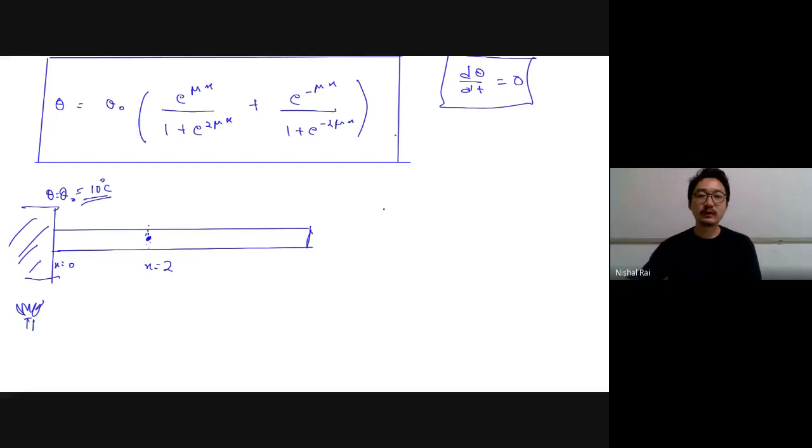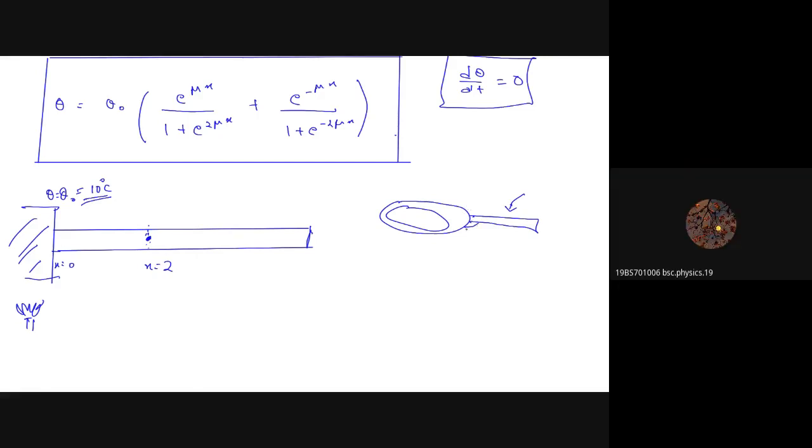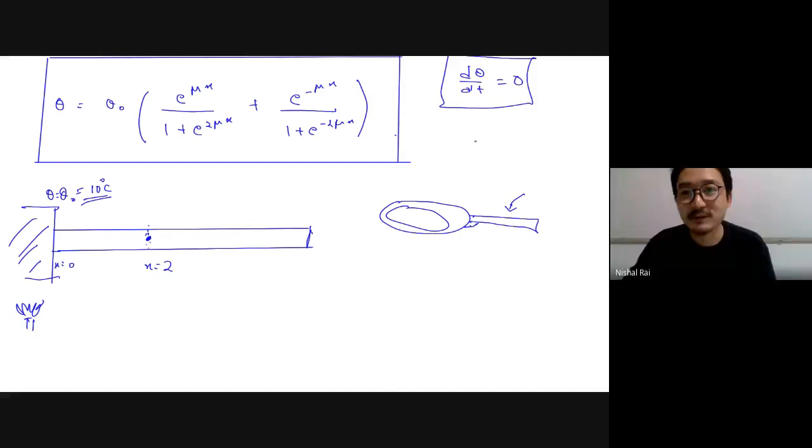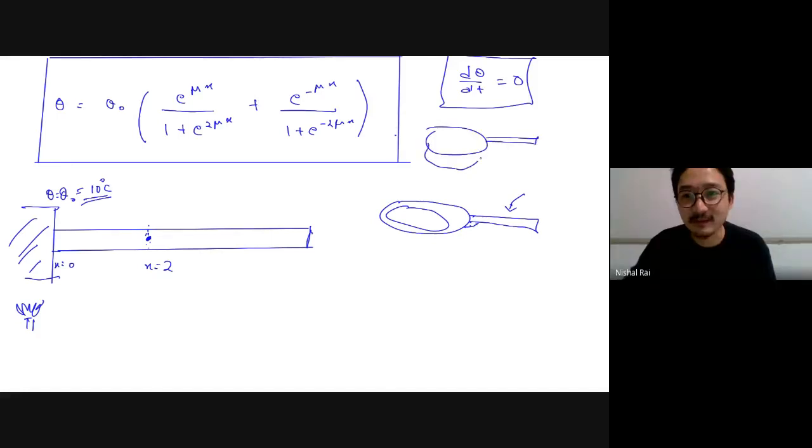It's just like you're cooking. You have a frying pan, which is also made out of metal. Do you know what a dekchi is, which is used for making tea? The handle is usually made out of metal itself.